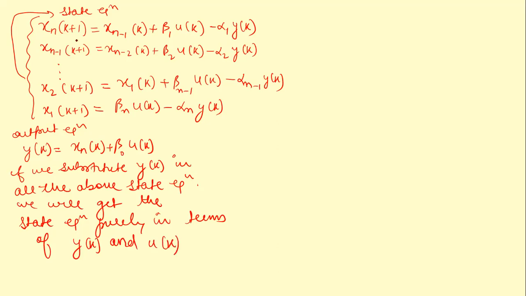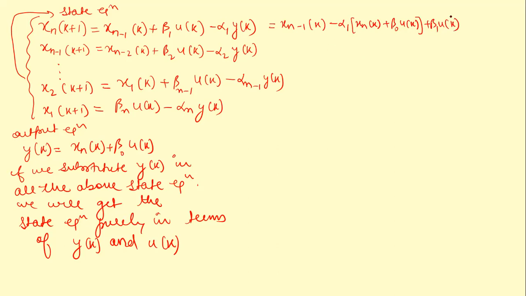Because as of now these state equations are in terms of yk, we have the yk term here, so we will replace, fine. So let us see. So we have xn minus 1 k minus alpha 1, and we'll replace it here. So we have xn k plus beta naught uk, and plus beta 1 uk, right? So we can open up this bracket.